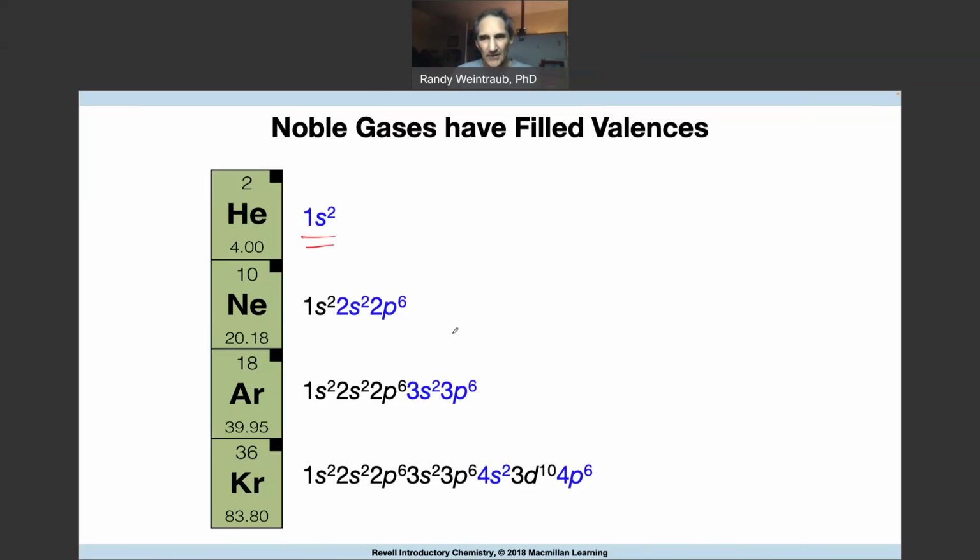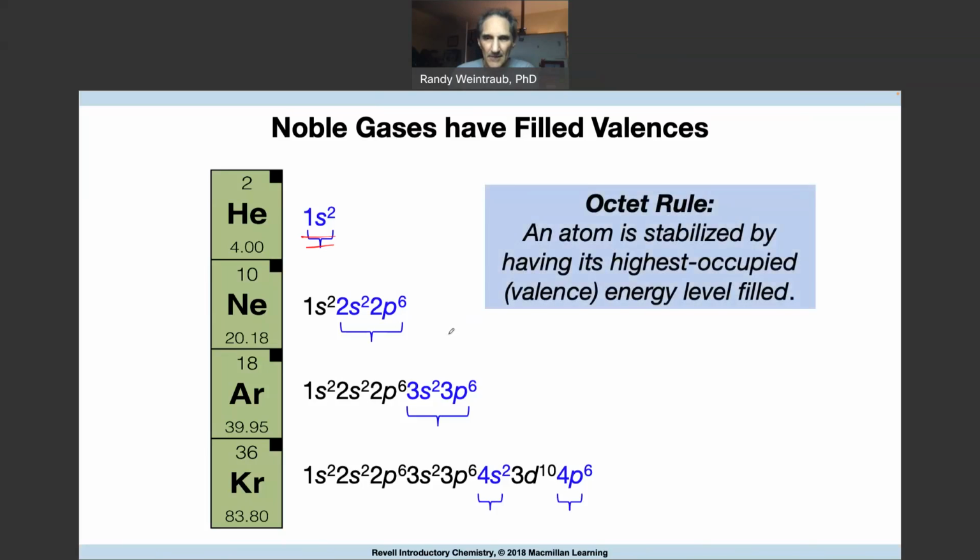We describe their stability using what I mentioned there, the octet rule, which states an atom is stabilized by having its highest occupied valence energy level filled.